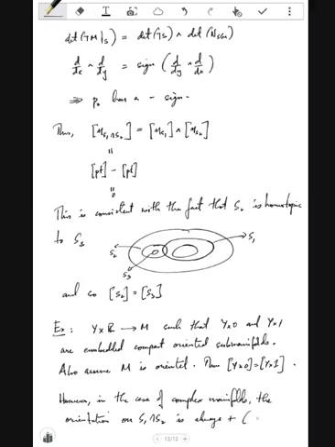This is of course when S1 and S2 meet transversely and have complementary dimensions.